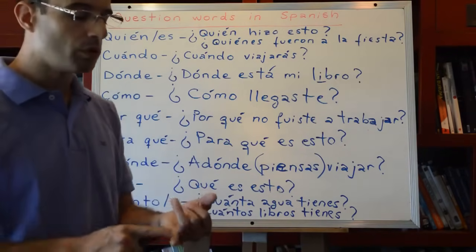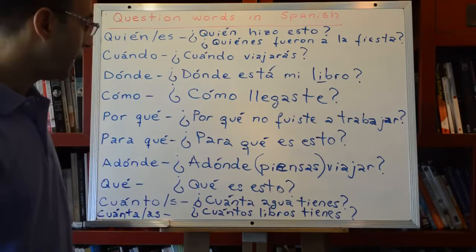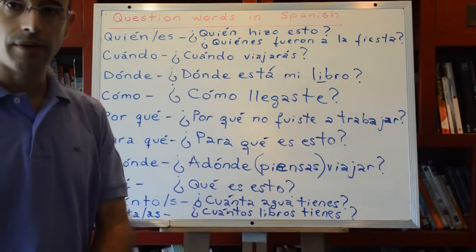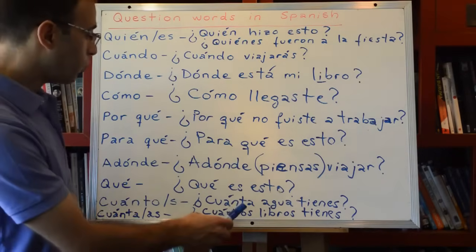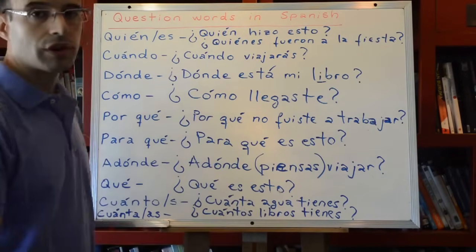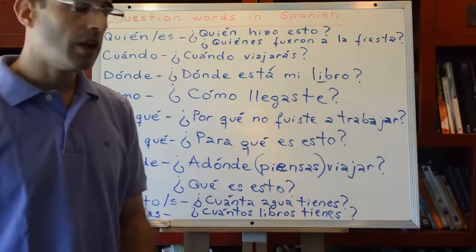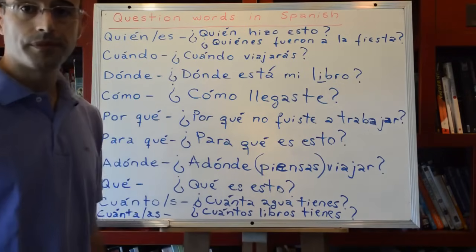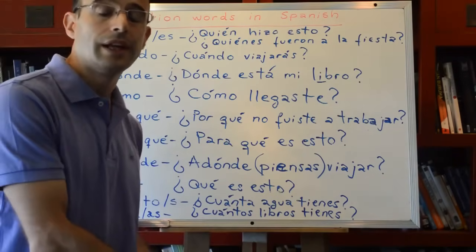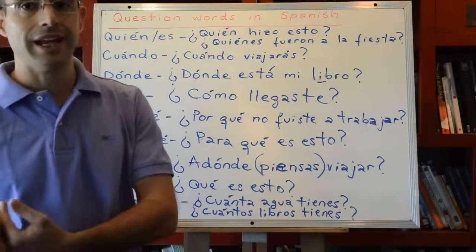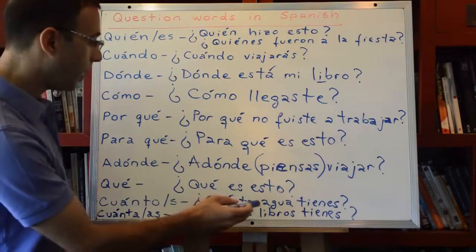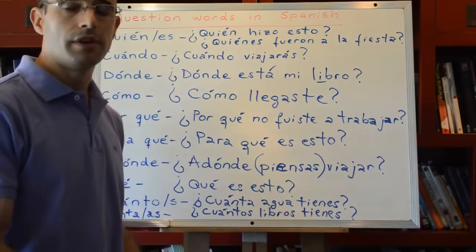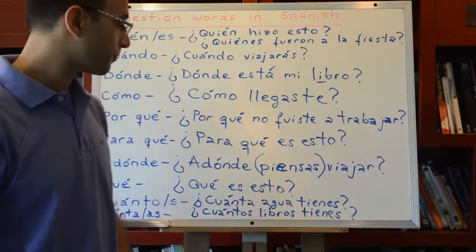We can say one book, two books, three books, etc. And since libro is a masculine noun, right, we use cuántos and not cuántas. Remember that nouns that end in O in Spanish are masculine, and nouns that end in A, like agua, are feminine, okay? That would be a very basic rule.